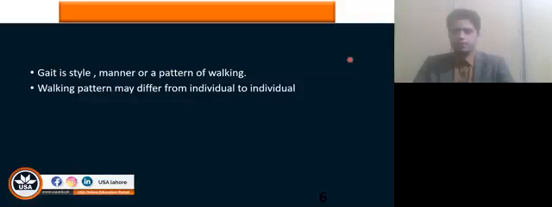For example, you must have noticed that your pattern of walking will be different from mine, a female from a male, an old person from a young person, a person who has a poor neck posture or, let's say, poor kyphotic spine will have a different posture compared to someone who is healthy, active. So this gait pattern varies from person to person.